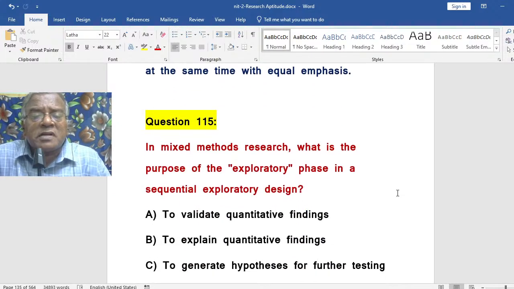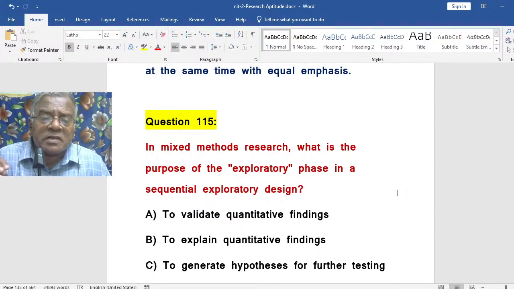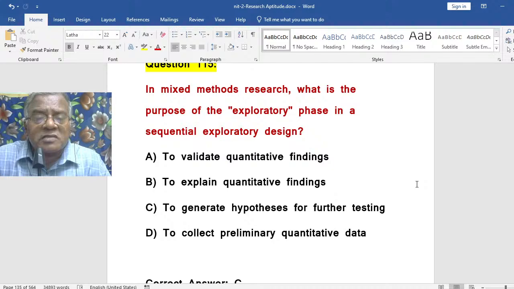In mixed methods research, what is the purpose of the exploratory phase in a sequential exploratory design? Try to understand the question. Out of these four alternatives, which is the correct one?